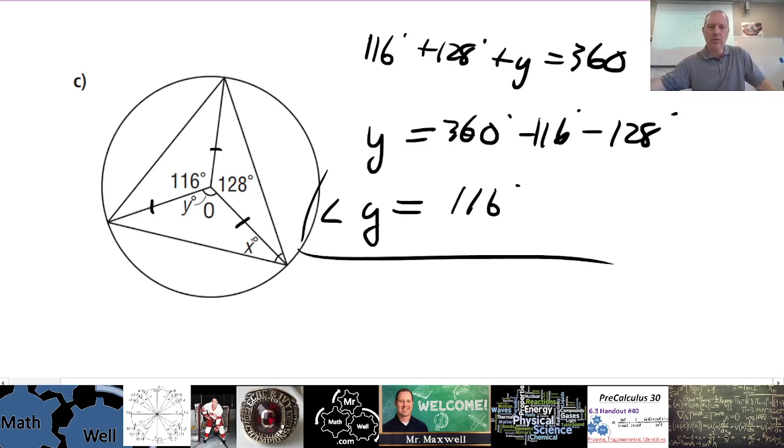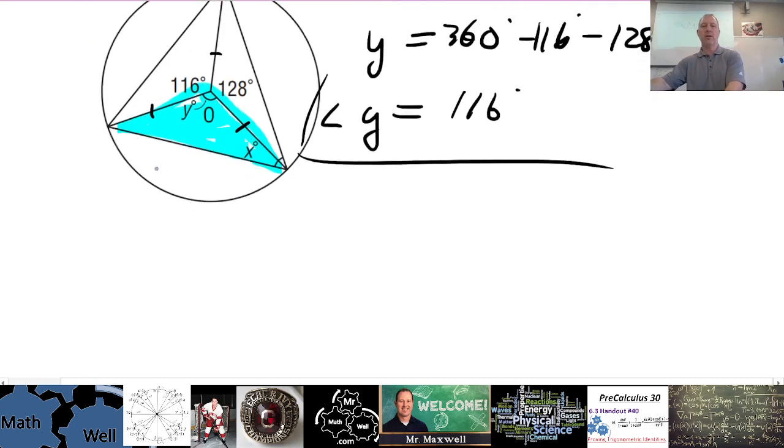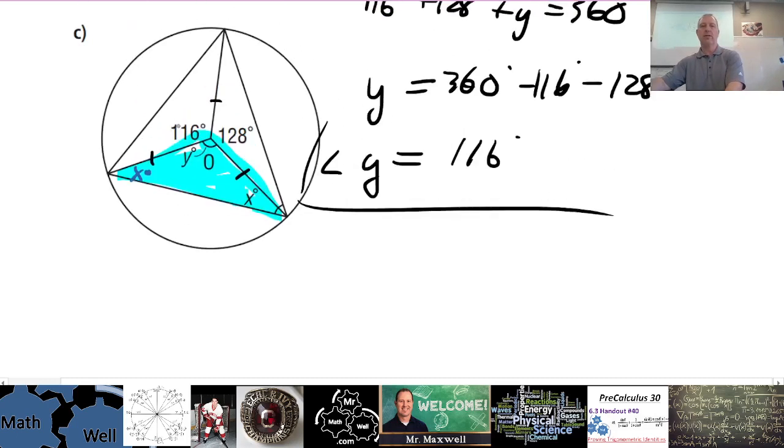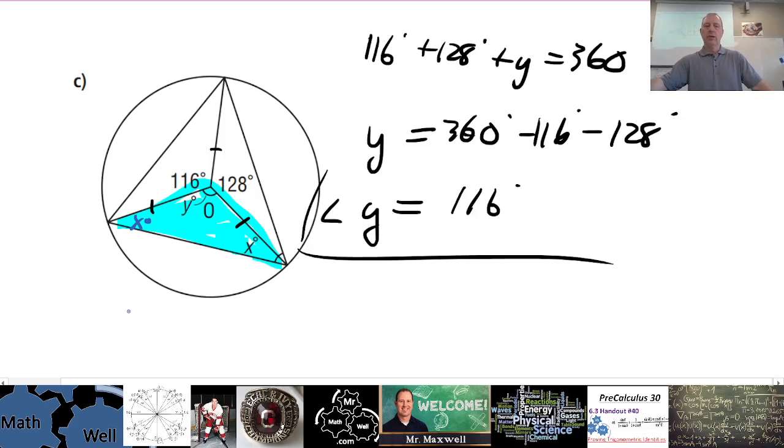Excellent. Now, I'm concerned with x, so I'm going to focus on this triangle right here. That isosceles triangle. So, just as in the last question, if you know what y is, 116, and you know that this is an isosceles triangle, guess what? This is x degrees as well. So, 2x plus the value of y, 116 degrees, equals 180 degrees. 2x, these two x's, and again, they're like terms, so x plus x is 2x, plus 116 equals 180.